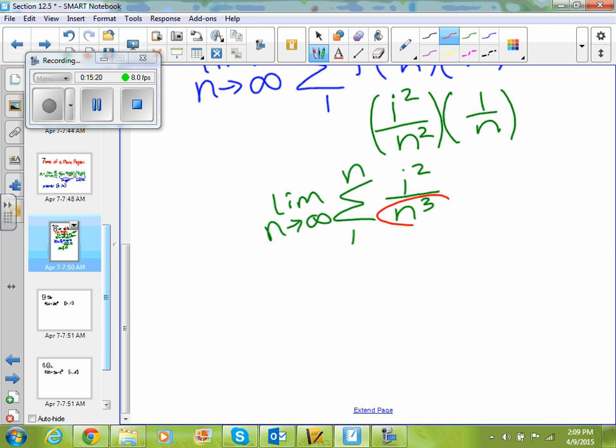Okay, and n cubed, because n is just some number, is a constant, so I can pull that out front. So I'm going to end up with 1 over n cubed in front of my sum. So I'm actually just finding the sum of i squared.